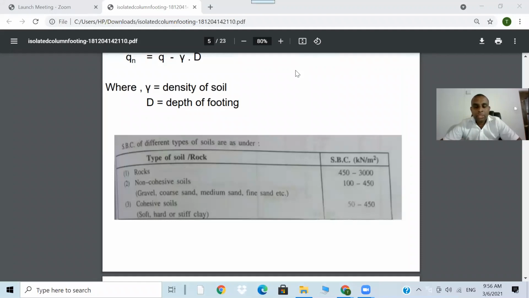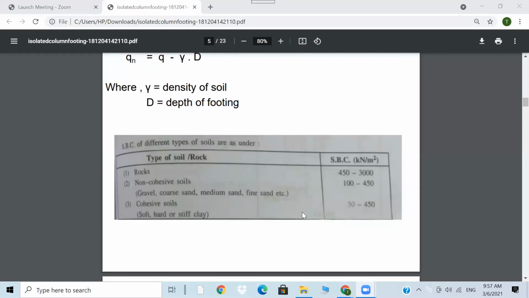Okay, rock. Then the non-cohesive soils, gravel, coarse sand, medium, fine. What we always find in the industry is 100 to 450. Then cohesive soil, it is 50 to 450.